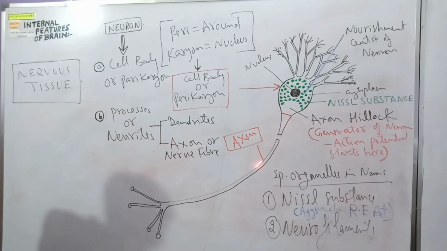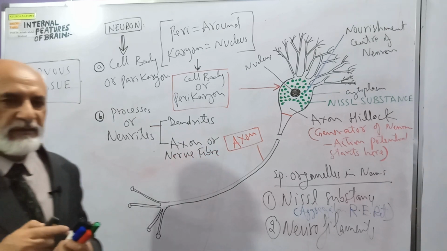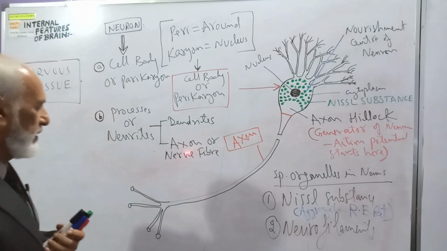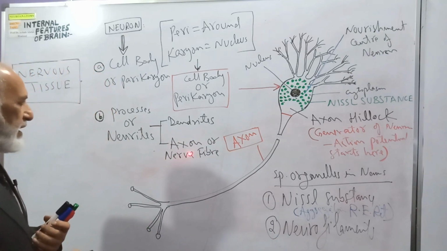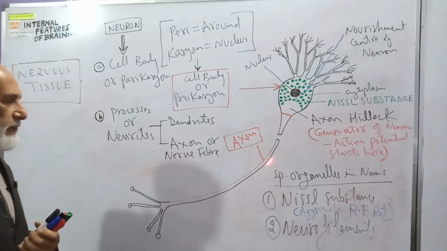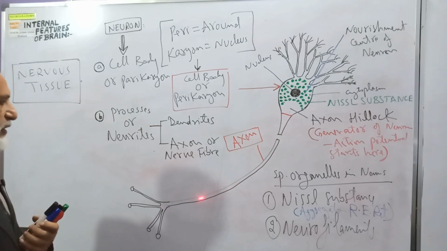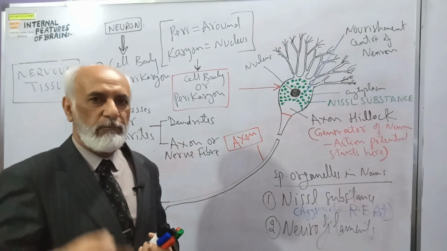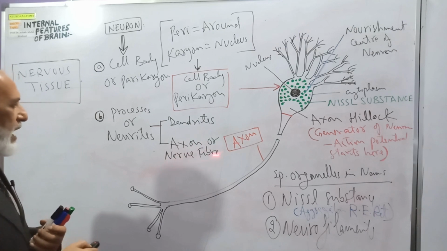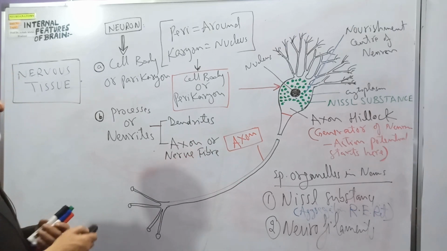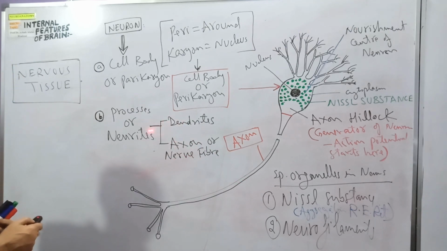This single process, the axon, is known as a nerve fiber, and a peripheral nerve comprises several nerve fibers, several axons. So the axon or nerve fiber does not stand for one peripheral nerve. No. This process of the neuron is called the axon or nerve fiber, and a peripheral nerve comprises bundles of axons or nerve fibers. So the dendrite and axon are collectively known as the neurites.